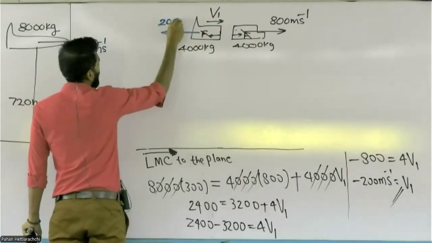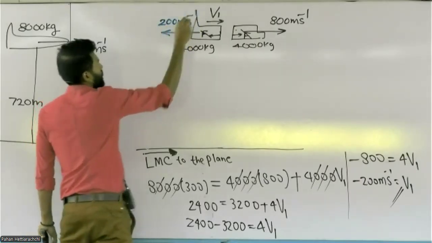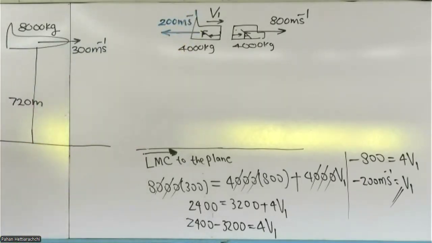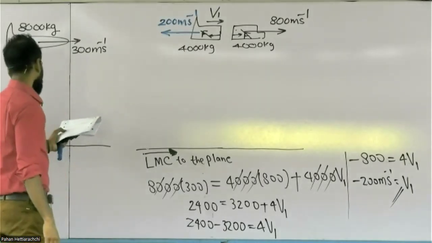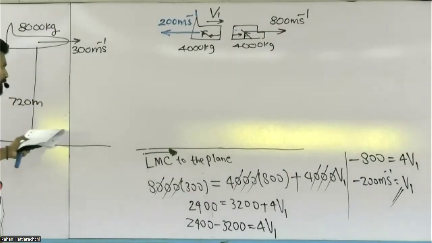That's the meaning of minus 200. Now it's clear. The nose part moves with the velocity of 800 in the initial direction of the plane, while the tail, after the explosion, moves with 200 meters per second velocity in the opposite direction with respect to the initial. The velocity of the other fragment is minus 200.